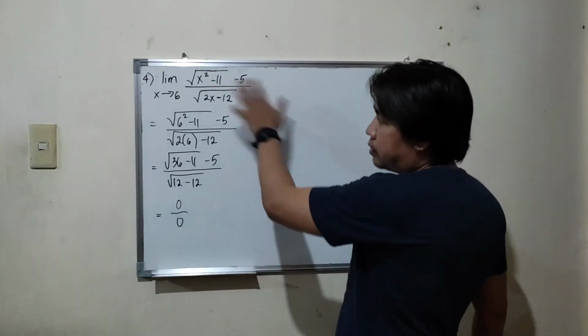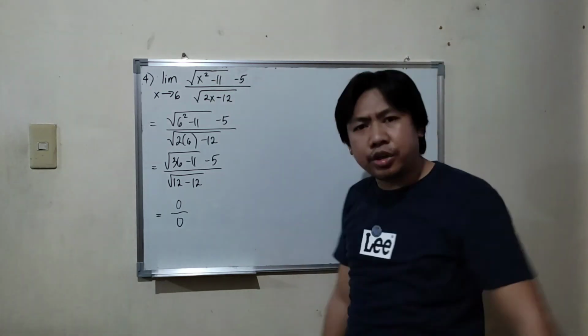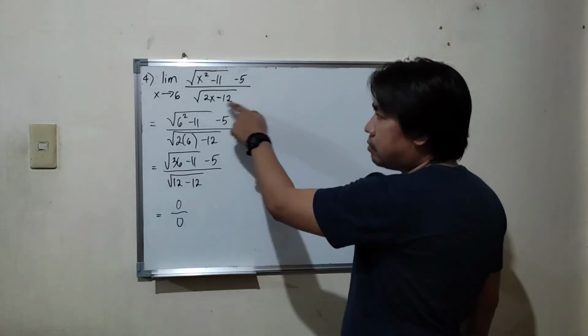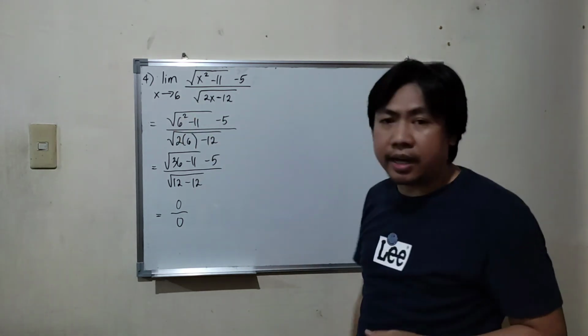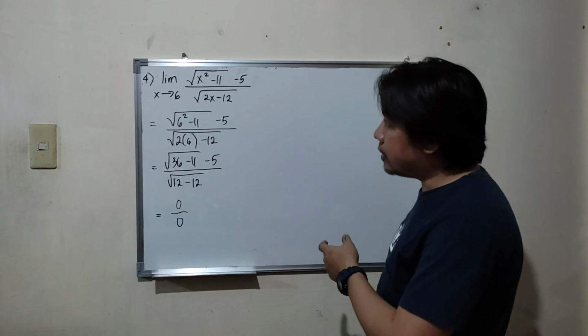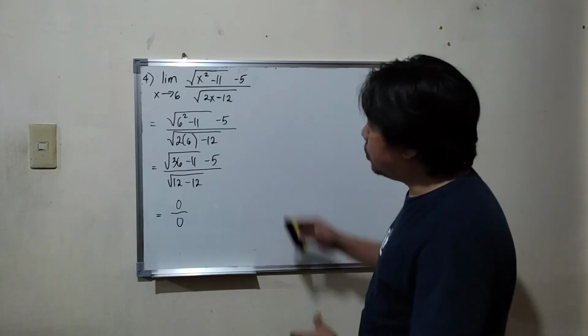Since the limit is 0 over 0, or indeterminate, we must find a way to manipulate the expression so that we can cancel some terms, so that the denominator is no longer 0.